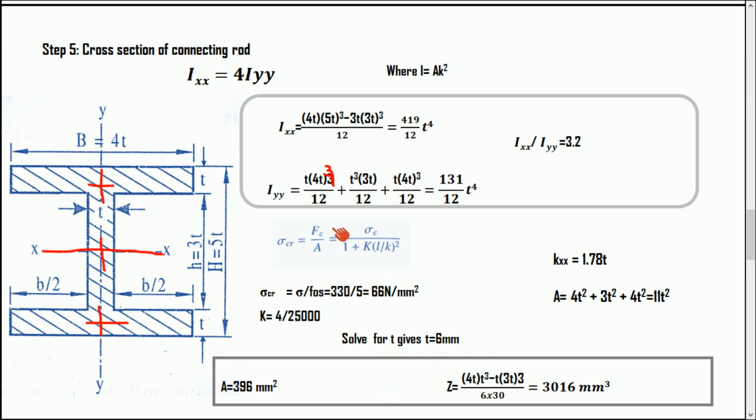Thickness. So solving this equation, the value of thickness that we are going to get is 6 mm. Along with this step, we will calculate the section modulus also. This is applicable and useful in the final step. Also the value of area, 11 into 6 square, 396 mm square.